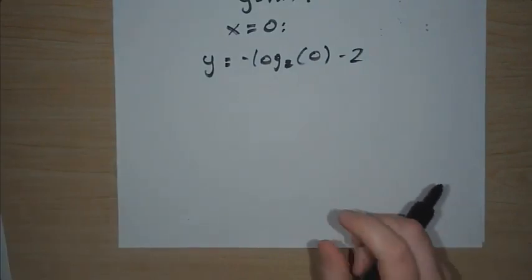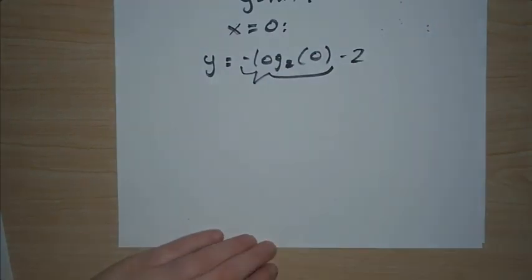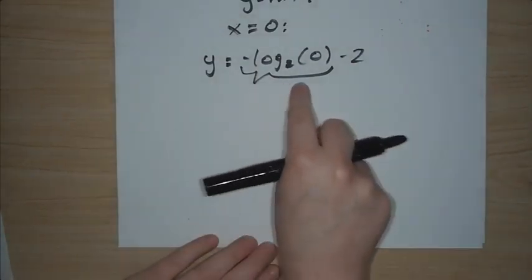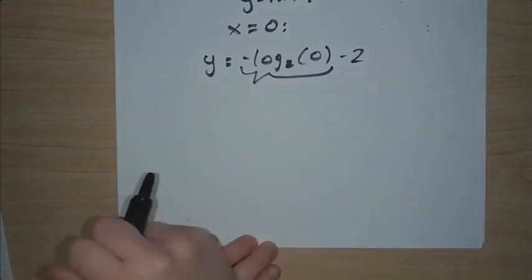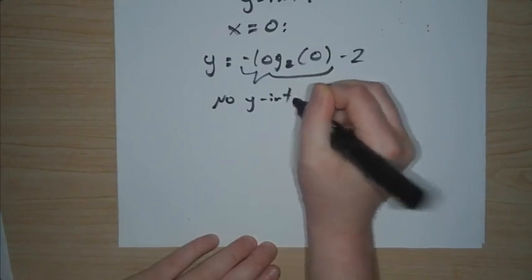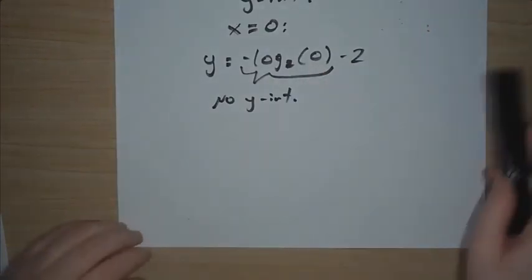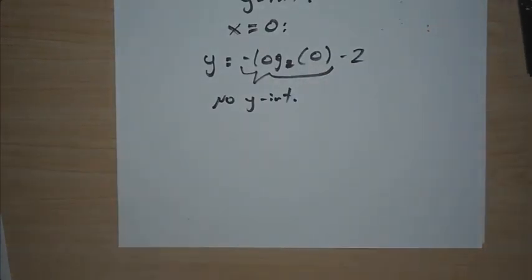And we notice a problem. And that problem is this bit right here. This is not in our domain. It's not in the domain of any logarithm. And so because this is not in the domain, we know that we have no y-intercept. If you try and plug in 0 into any logarithm like this, you'll find that it spits out error, error at you.